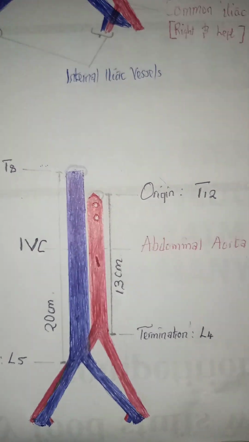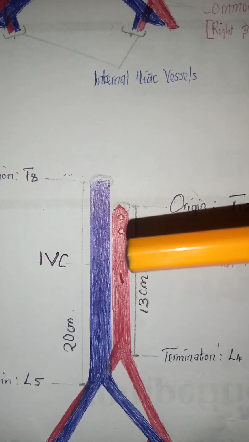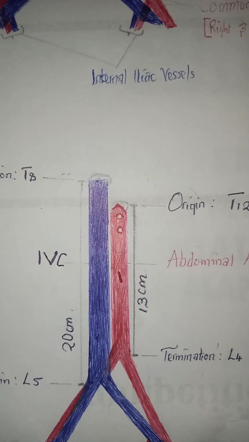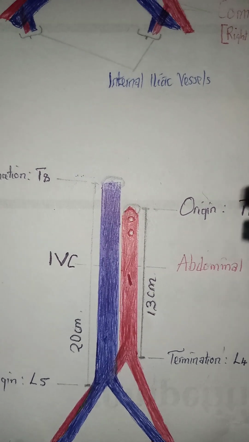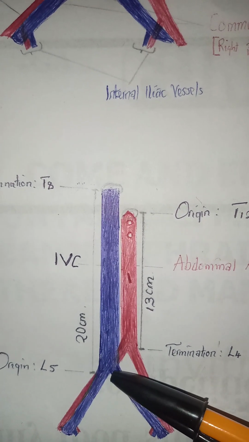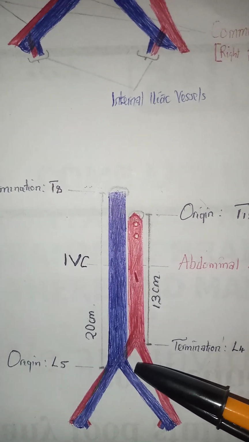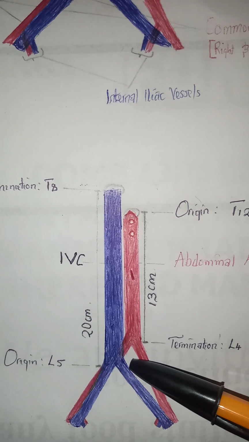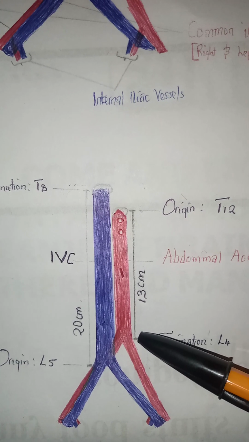You find that the inferior vena cava is about 7 centimeters longer than the abdominal aorta. Why? This is because the inferior vena cava originates 1 vertebral level inferior to the termination of the abdominal aorta.